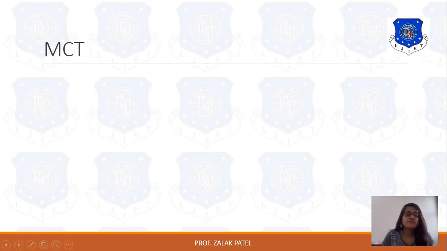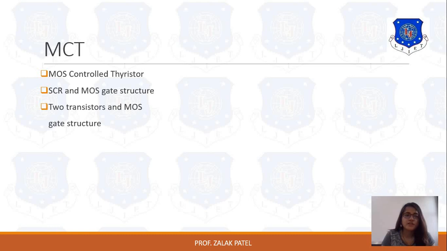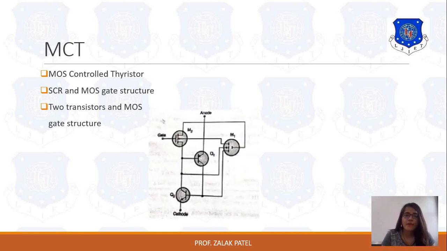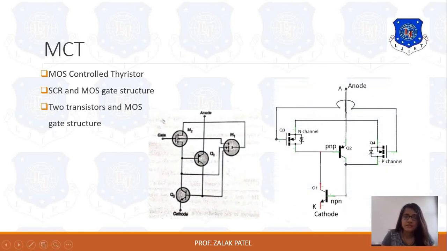First of all, as we discussed in the last lecture, the basics of MCT: the full form is MOS control thyristor. It has the SCR and MOS gate structure, two transistors with gate structure like this. Here M2 and M1 can also be seen like this.